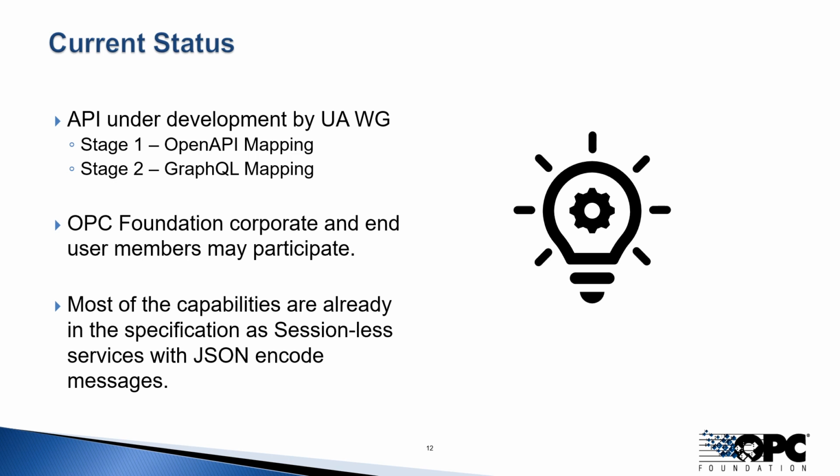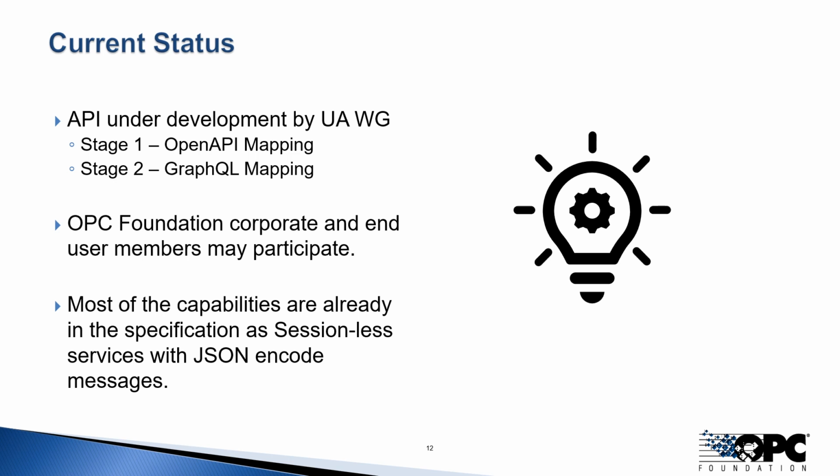Now, just to give you an update of the current status, the API, basically the Swagger mapping, is the first stage, and we hope to get that out sometime this year. The GraphQL mapping will probably be 2024. Anyone who's an OPC Foundation corporate and end user member may participate by joining the UA working group, and you can either look at the material and the prototypes that we're developing, or you can actively participate in the bi-weekly meetings.